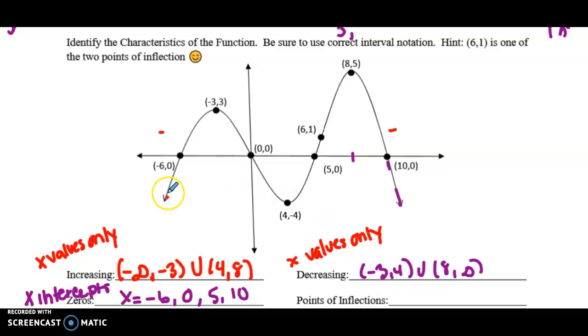Now remember that concavity is sort of like looking at the top of a hill and the bottom of a hill. So notice how this portion of the graph right here is kind of like going up a hill. That is where we're concave down.